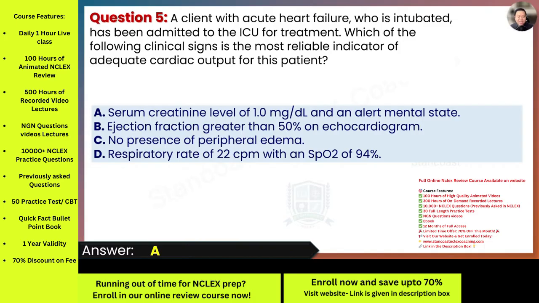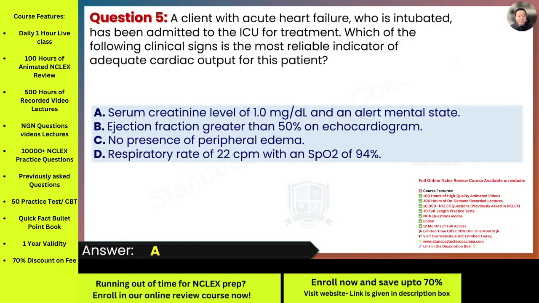The ejection fraction with this type of heart failure can be normal, yet the cardiac output is still inadequate due to poor ventricular filling or diastolic dysfunction. And so perfusion status matters more than the ejection fraction alone when you are assessing the cardiac output. That's why letter B is incorrect.